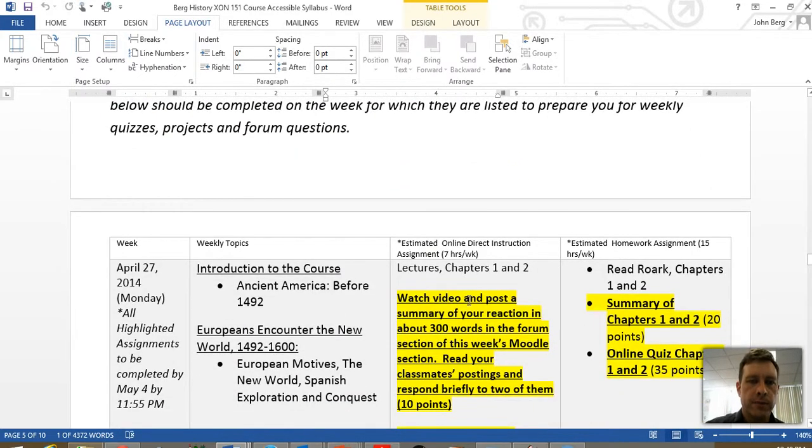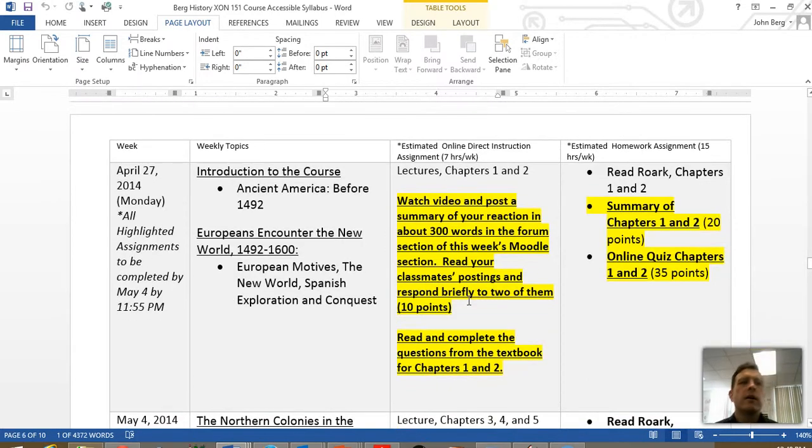the calendar. You can see here when assignments are due. Everything that is highlighted is an assignment. All the assignments for a given week are due by when it says over in the left-hand column.